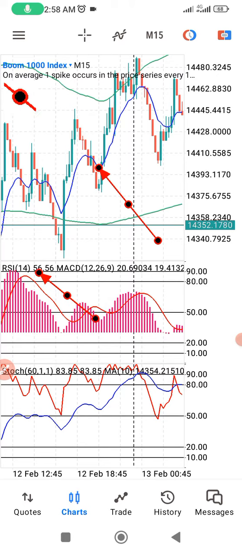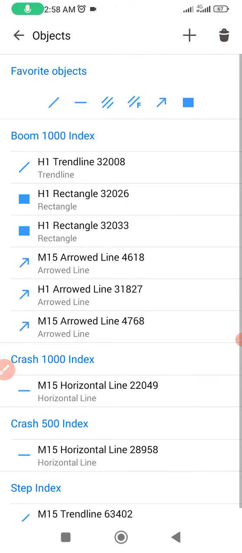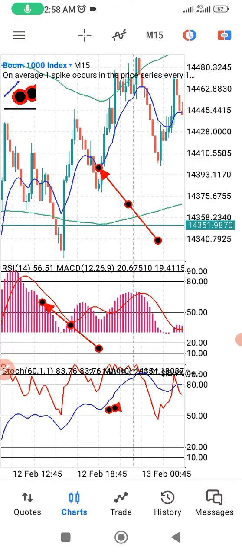Then the reading, 56.56, is actually the reading of the RSI. Then in our indicator window 2, we have our stochastics oscillator, which is the red line.